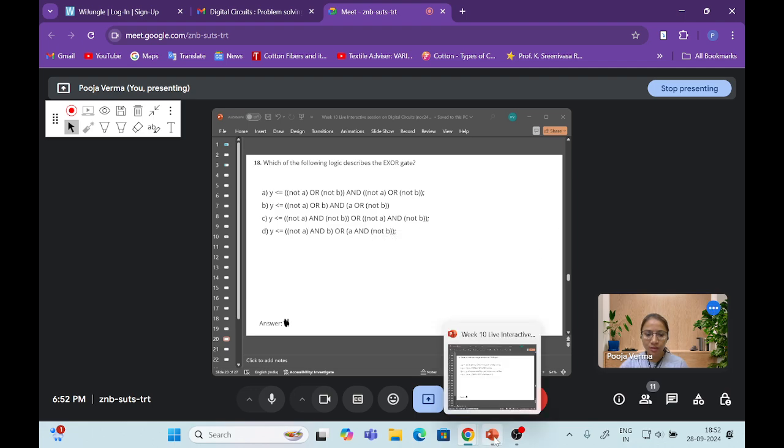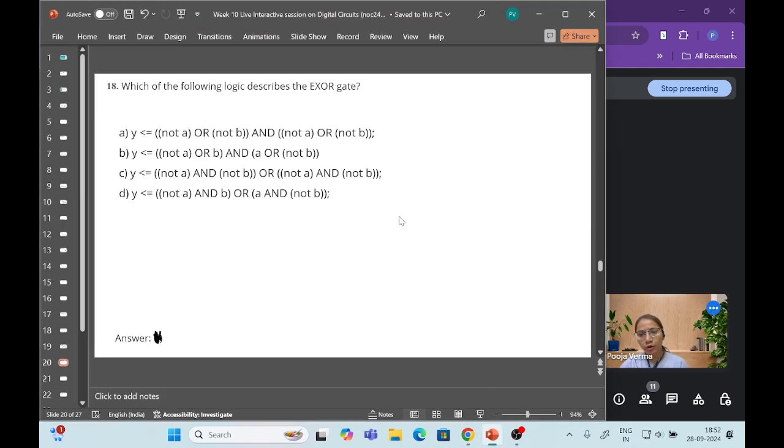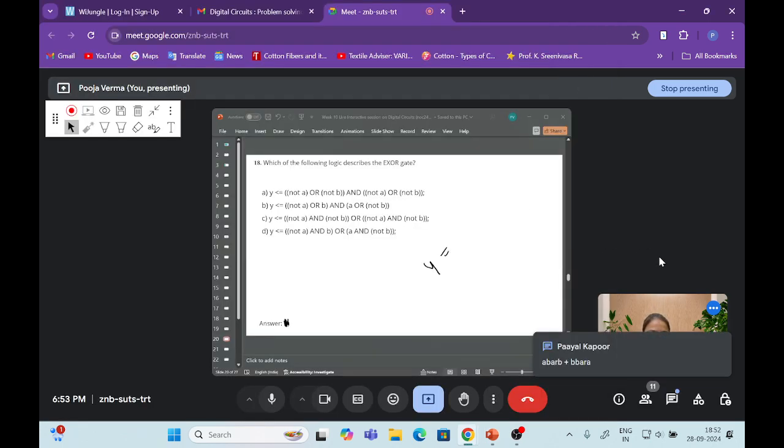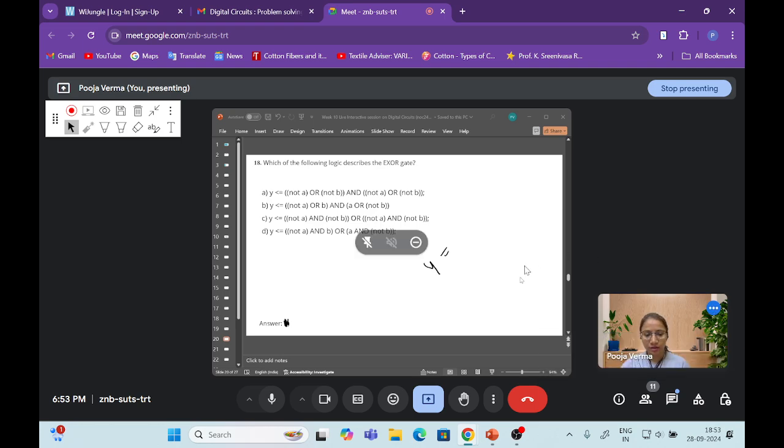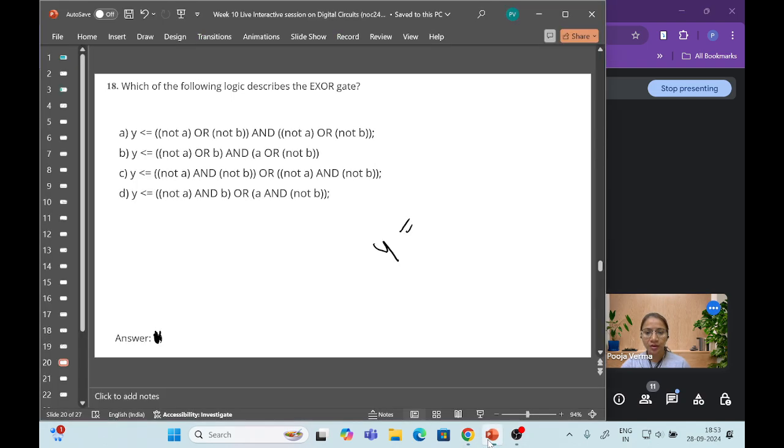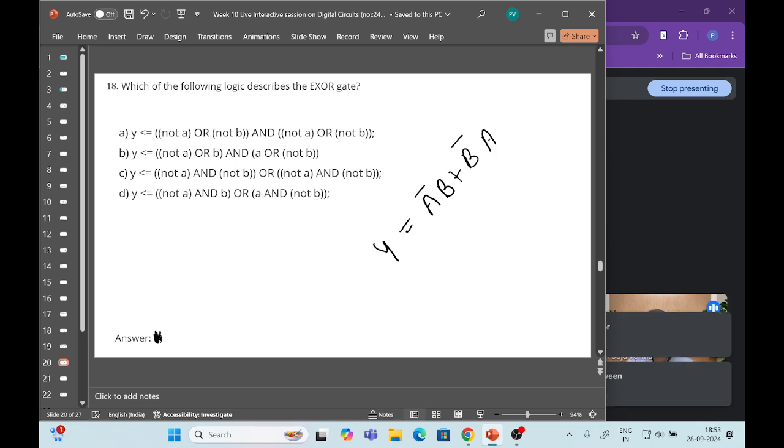What is the logic expression for XOR gate? A bar B, B bar A. Correct. So which option is correct? Which logic describes the XOR gate? That is A dash B plus B dash A.